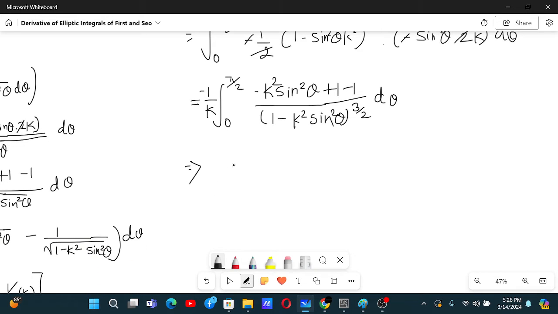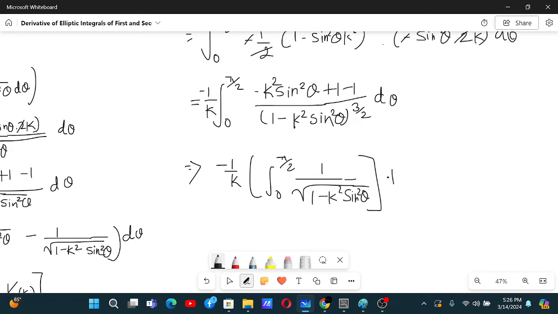So we have minus 1 by k, and now this is the integral from 0 to pi by 2 of 1 by root under 1 minus k square sine square theta, and this one is minus 1.